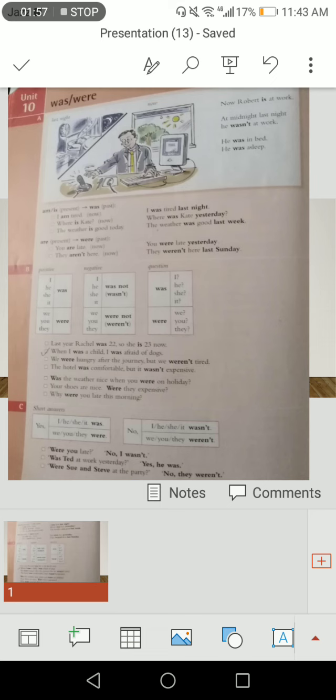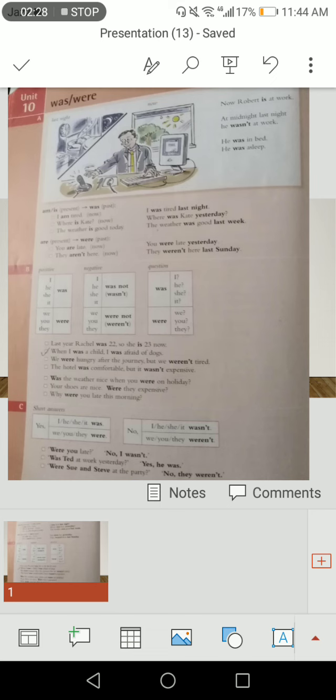So here is a table showing how to use was and were in positive, negative and question forms. In a positive sentence we use was or were after the subject, like I was, he was, she was, it was, or we were, you were and they were. In negative, it is the same as in the positive sentence, but not is added after was or were.